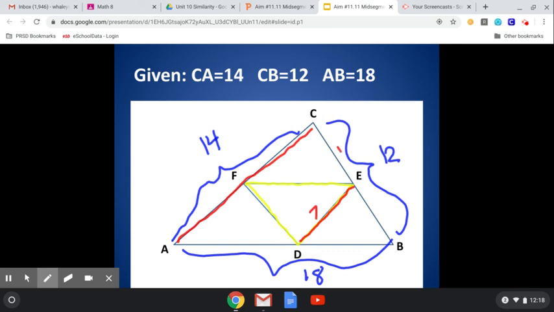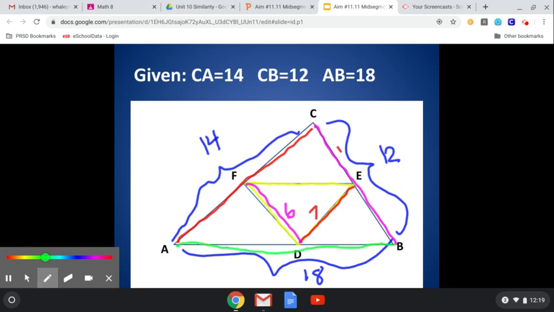If CB is 12, then DF is 6. And then finally, if AB is 18, then FE right here is 9. Because all those are the mid segments of those sides.